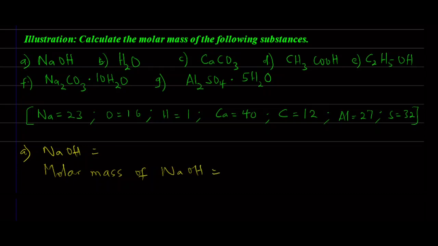That will give us sodium is 23 plus oxygen is 16 plus hydrogen is 1, and that gives us 40 gram per mole. So that means in 1 mole of sodium hydroxide, the mass of sodium hydroxide is 40 gram.